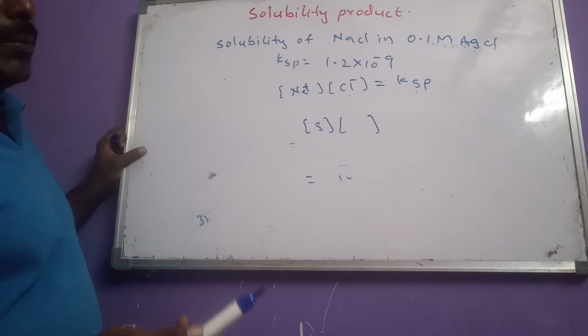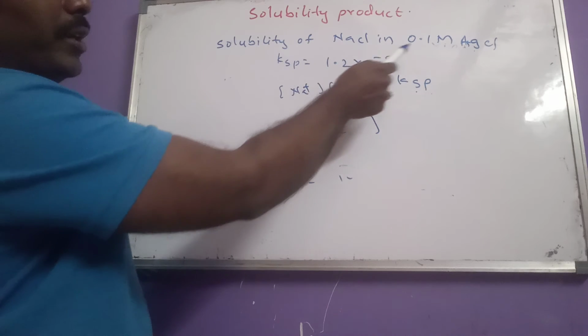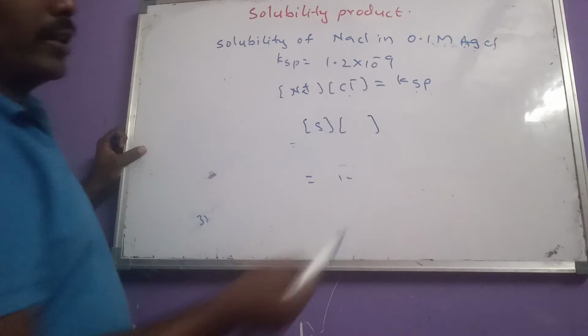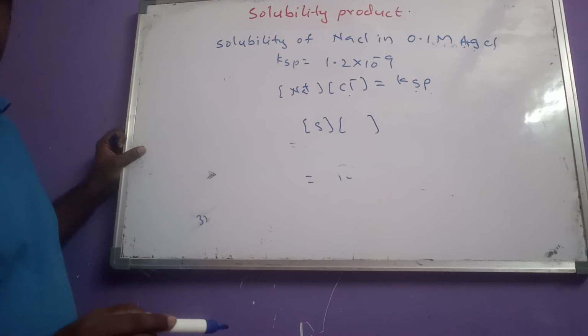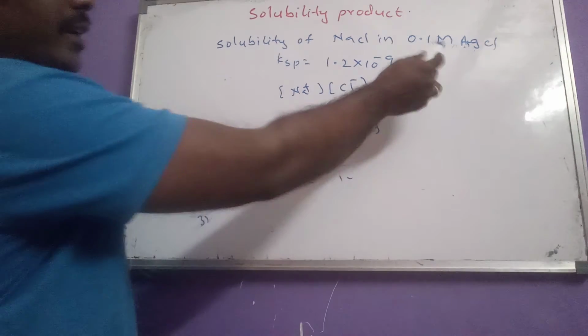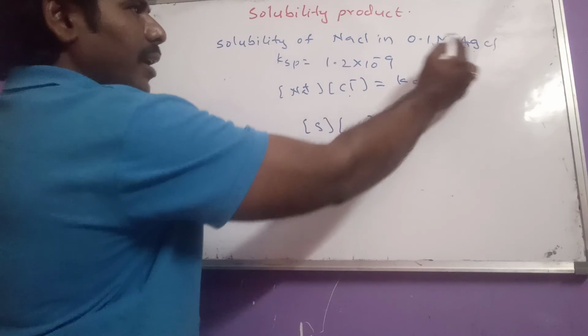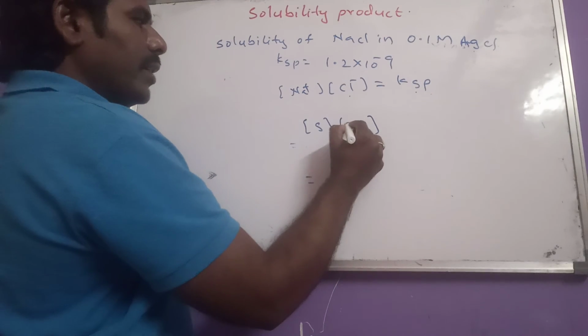But due to the common ion effect, that Cl- solubility in 0.1 M AgCl is neglected because of the common ion Cl-. Now this concentration only we have to consider.